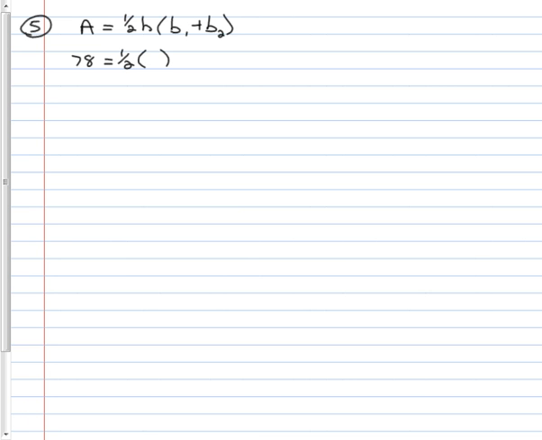1/2 of, we have the height? x. That's what we don't know. And our bases are what? 6.4 and 13. Okay? I'm going to multiply by 2. What's 2 times 78? 156 would equal x times, what's your 6.4 plus 13?